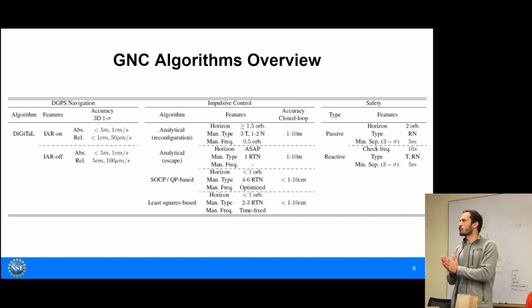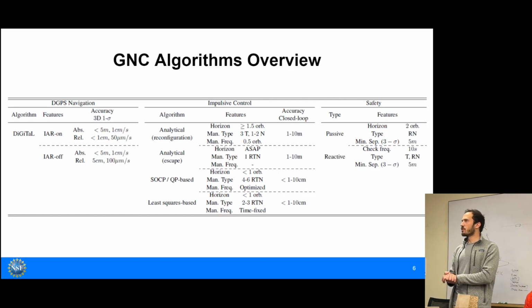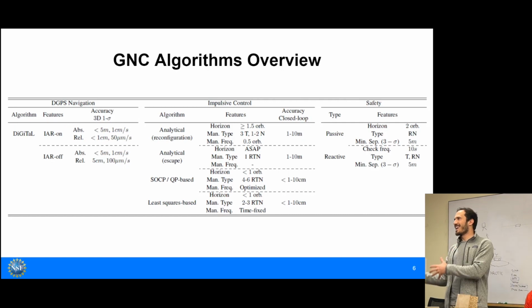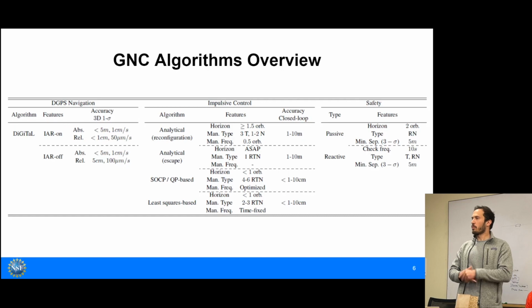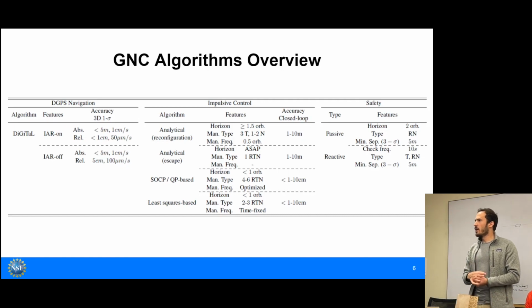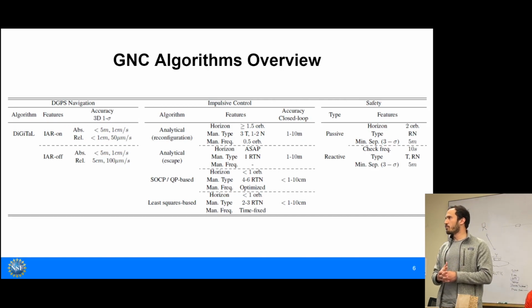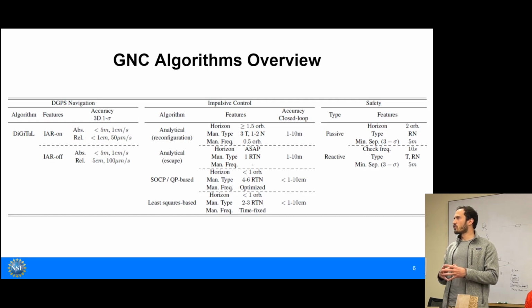From an impulsive control standpoint, we have a suite of impulsive control algorithms, which range from analytical, fuel-optimal impulsive solutions with partial flight heritage, for example for reconfiguration, these are the out-of-plane impulsive maneuvers in the normal plane or tangential impulsive solutions, with a maneuver frequency of every half an orbit and accuracy on the order of 1 to 10 meters.